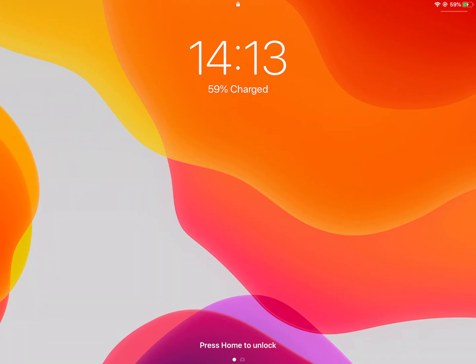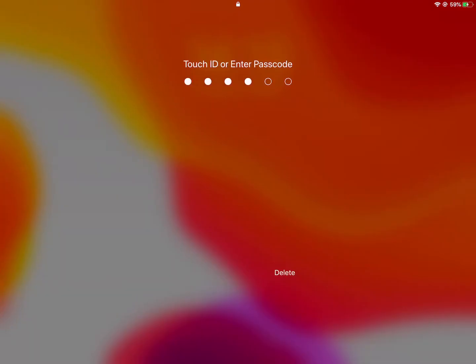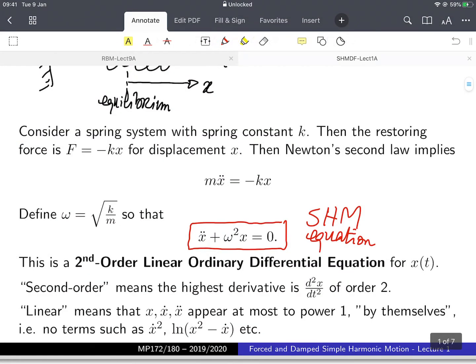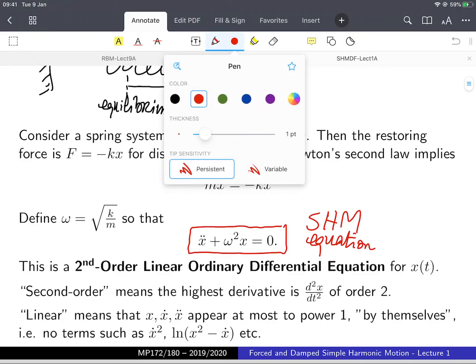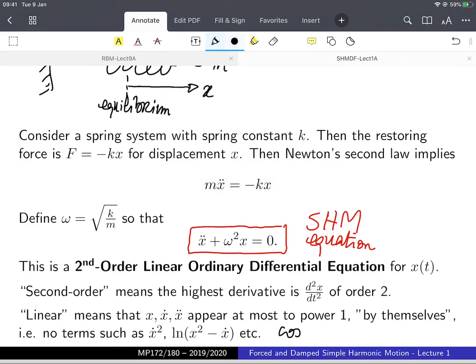If I had, for instance, cos of x, that's not linear either. Right? So students will say, well, but x appears by itself.